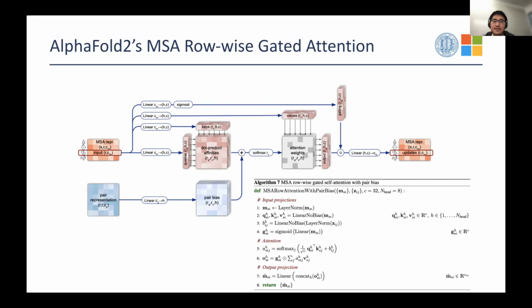It's an element-wise multiplication between the gating vector and the output vector. Correct. We also pass it through another linear layer and we get the final value, back to the original dimension R by CM.